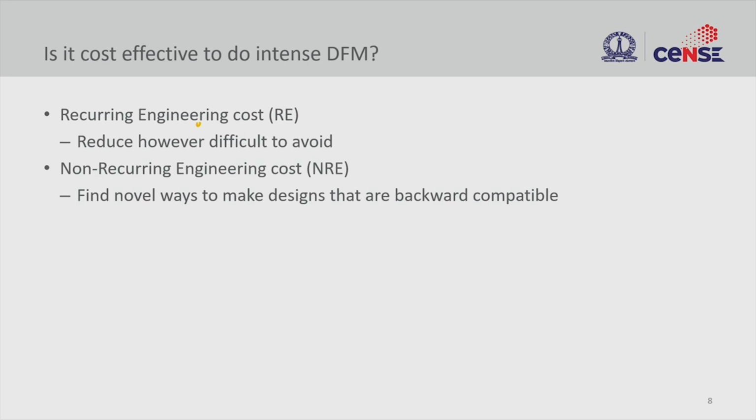If you look at recurring engineering cost, it is very hard to completely avoid it. You try to reduce it, but it will be there. But non-recurring engineering cost is something that one can completely avoid going from one product to the other.